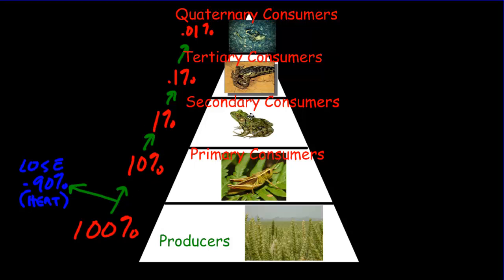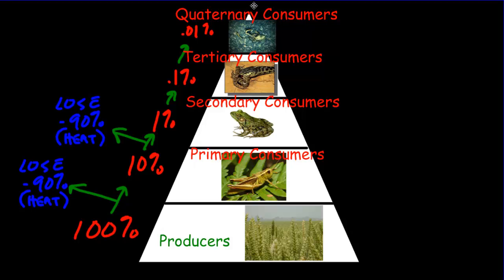Same thing goes in this transfer. Of that 10% that's available to primary consumers, as secondary consumers eat those primary consumers, there's again going to be some energy lost. Again, 90% of it's going to be lost as heat. So 1% of that original energy that started down here at the producers is actually available for the secondary consumers. Again, 90% is lost to the next transfer, all the way up to the quaternary level, where it's 0.01% left, and they finish it up.